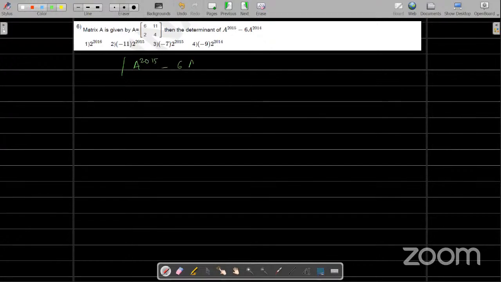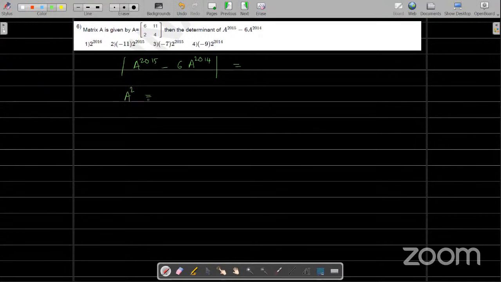minus 6 times A to the power of 2014. Okay. So first of all, whenever there are these high powers, there should be some trick which we may want to calculate, need to do. So which is like, what is going to be for A square?